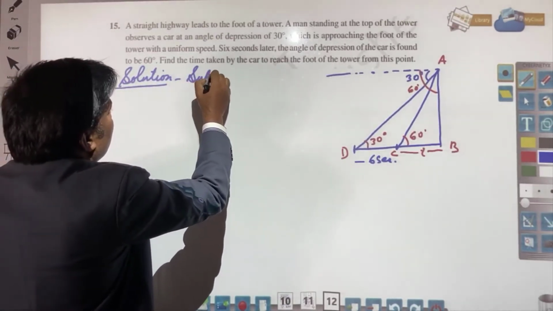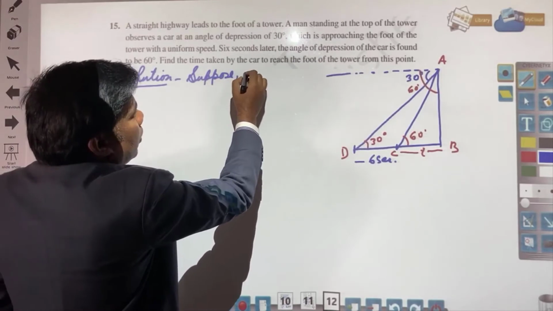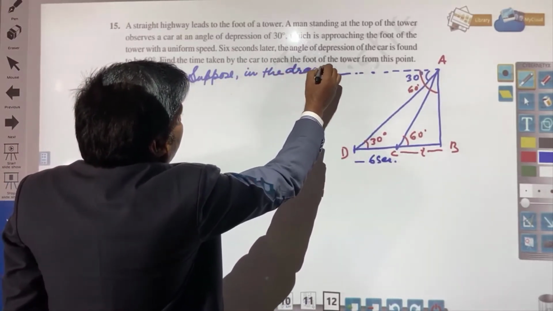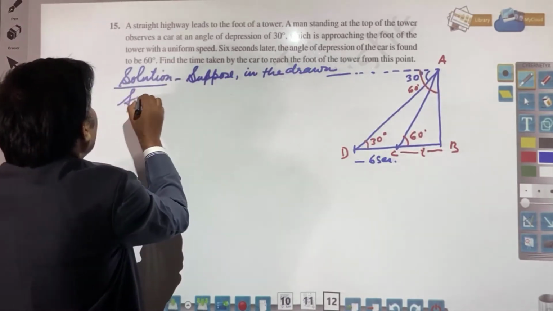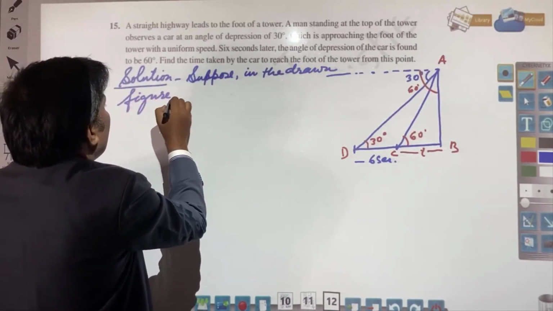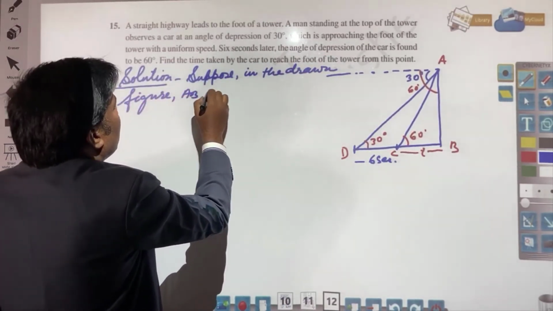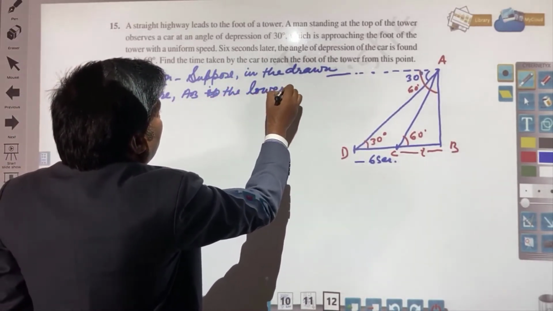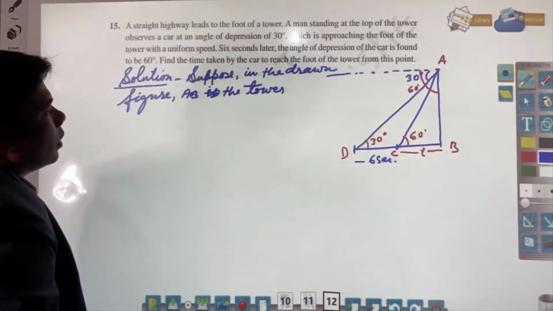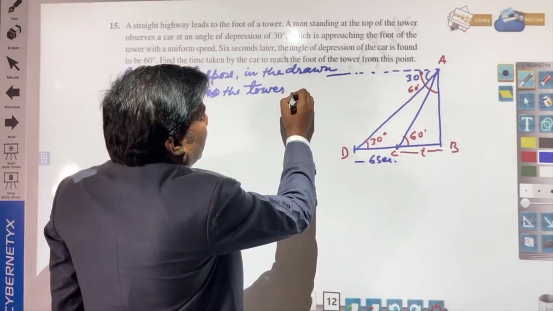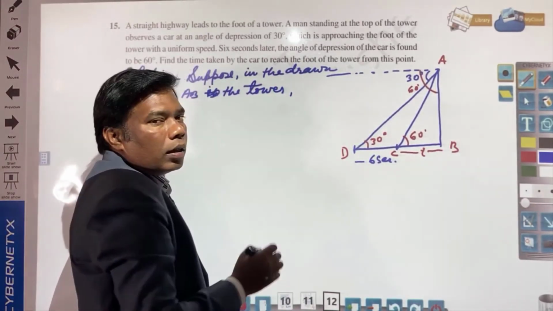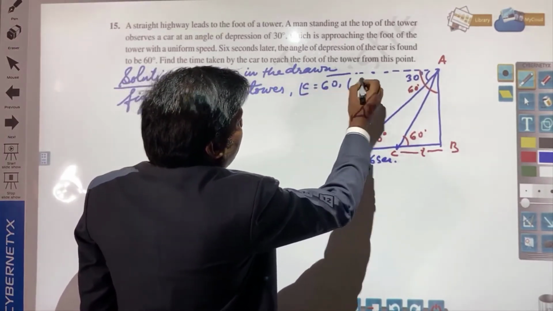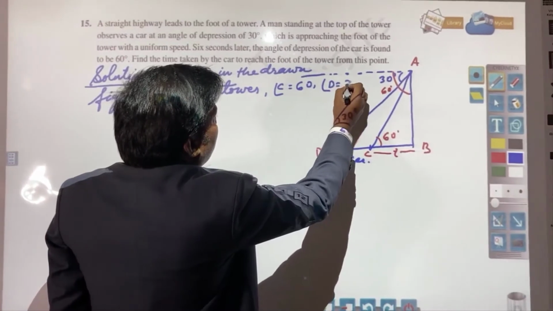Suppose in the drawn figure, AB is the tower. Angle C is equal to 60 degree and angle D is equal to 30 degree.